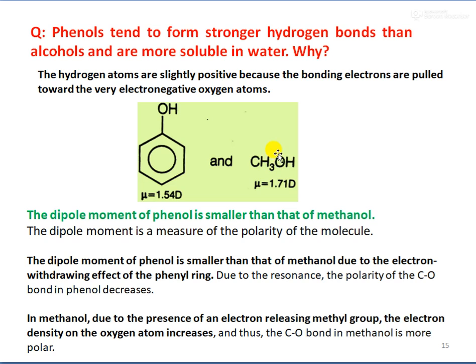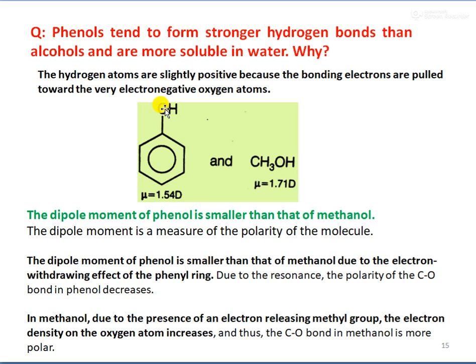Polarity is caused due to charge separation. Here there is a carbon and an oxygen bond, so there is an electronegativity difference, and a separation of charge between the carbon and the oxygen in this bond.